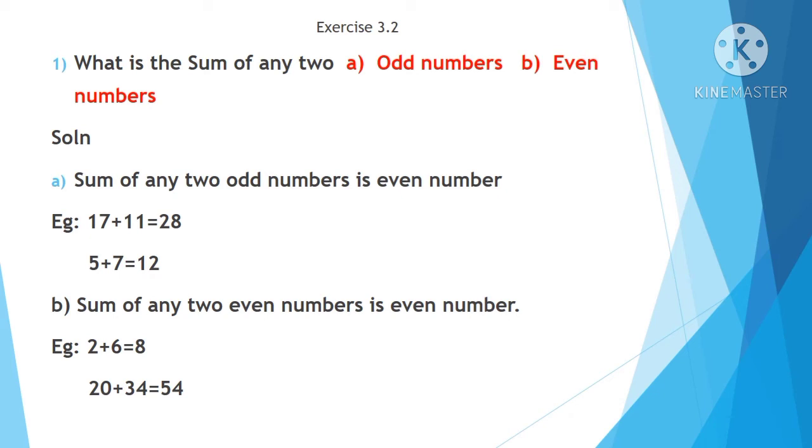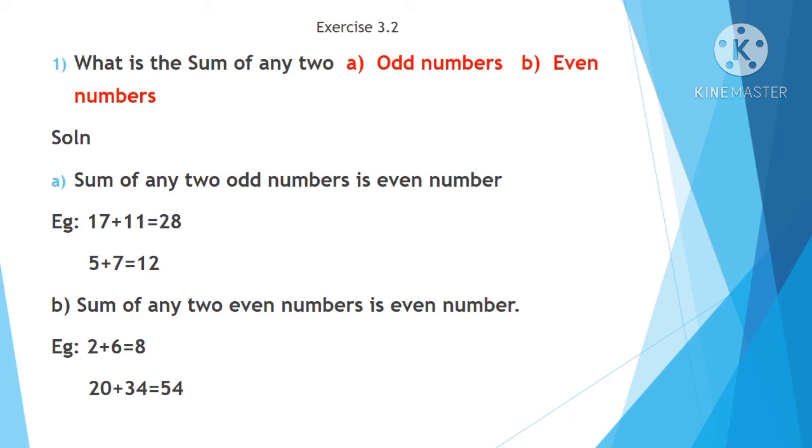How will you find it is an even number? If a number ends with 0, 2, 4, 6 or 8, then that number is known as an even number. For example, I am taking 17, an odd number, and 11 is also an odd number. Now I am going to add.